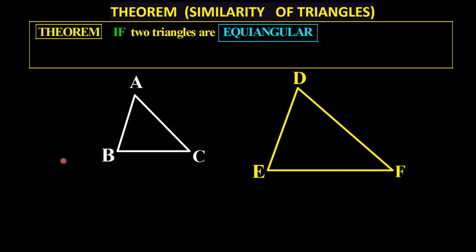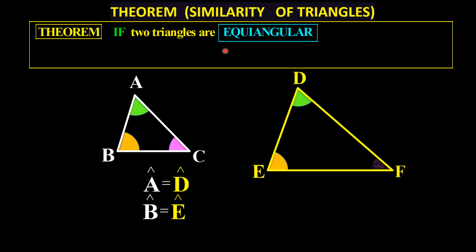These two triangles need to be equiangular. What do we mean by equiangular? For example, this means that angle A will be equal to angle D, and angle B will be equal to angle E, and angle C equal to angle F. That is what we mean by equiangular, that the angles of the one triangle are exactly the same size as the angles in the other triangle.